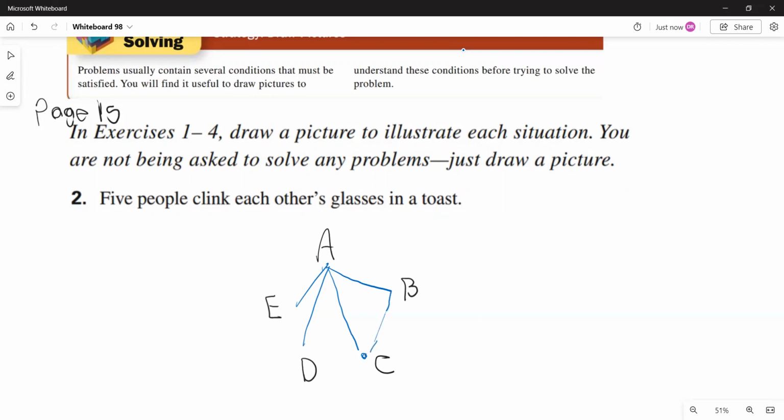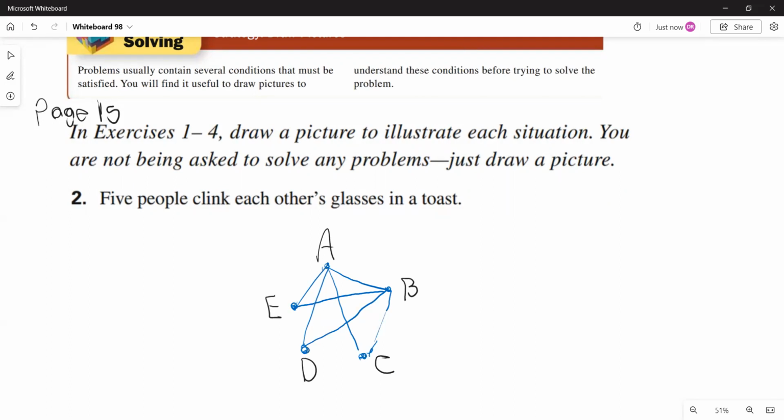I'm going to indicate this with dots. B corresponds with C, with D, and with E. Then AB is the same as BA. Well, I already did that. And AC is the same as CA. BC is the same as CB.